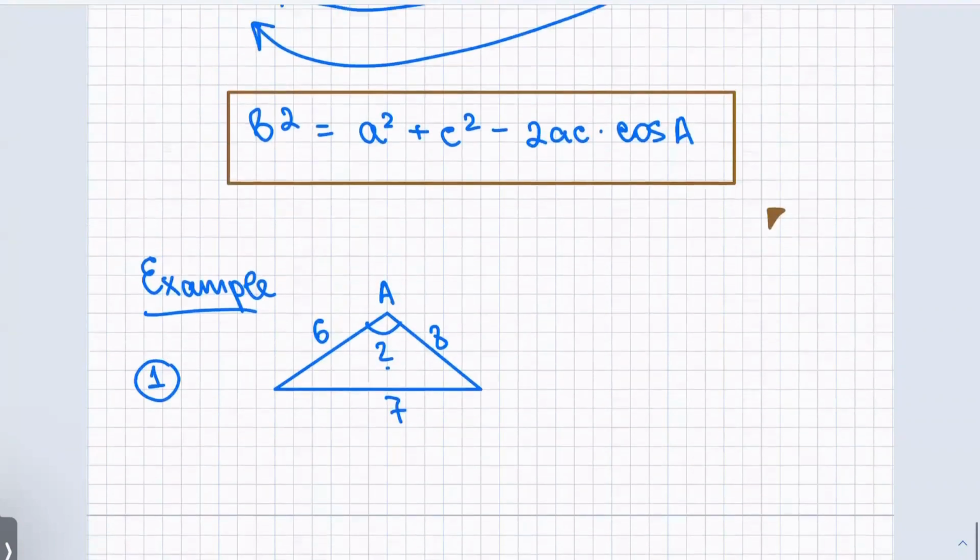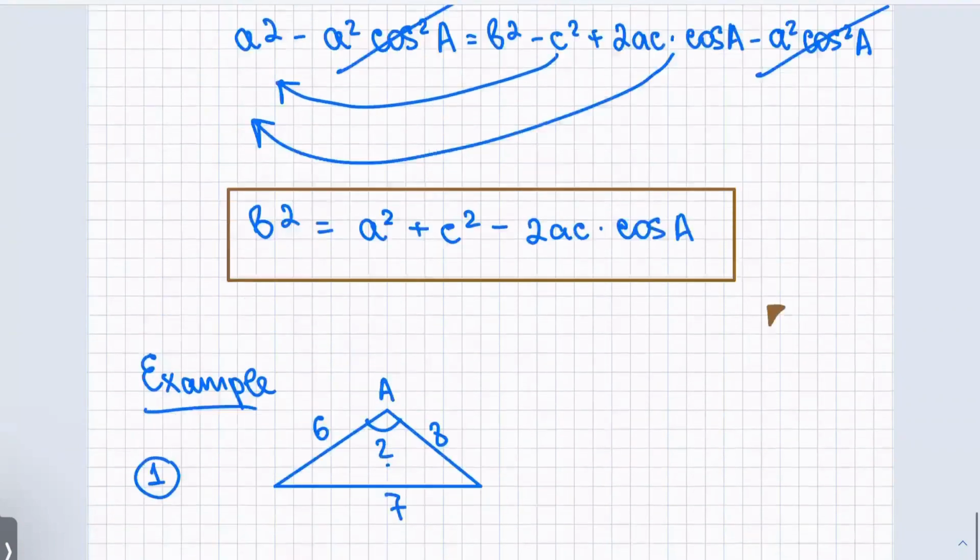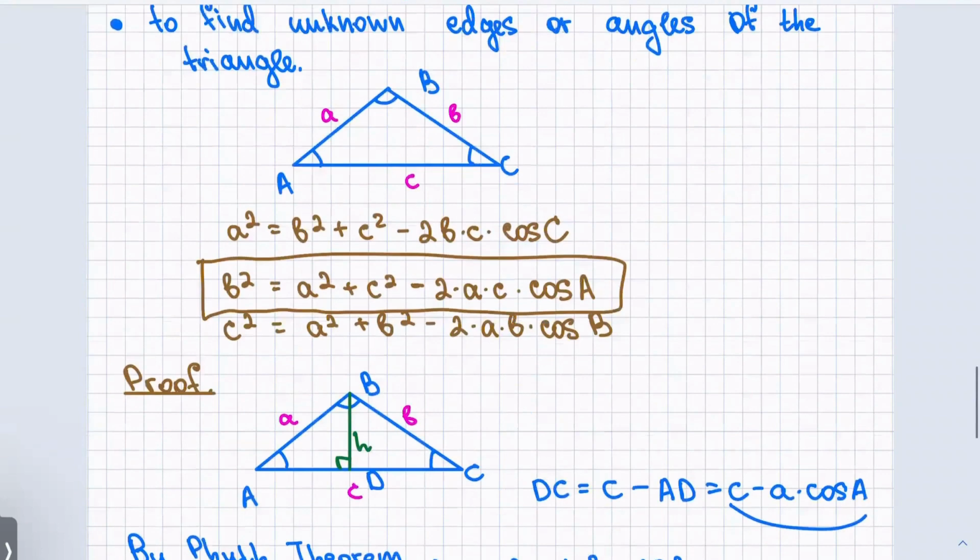Again, dear students, let's look at these three formulas. First of all, you see, dear students, that if you want to find this side A, you need to know what B is equal to, what C is equal to, and what the cosine of the angle C between them is equal to. Similarly, if you want to find the side B, you need to know the two sides A and C and the angle between them.